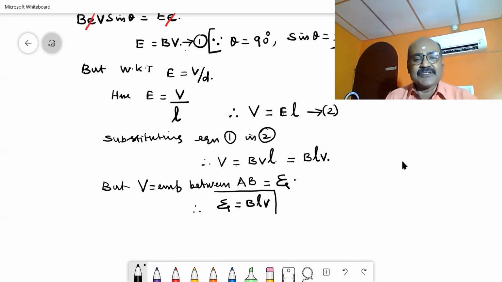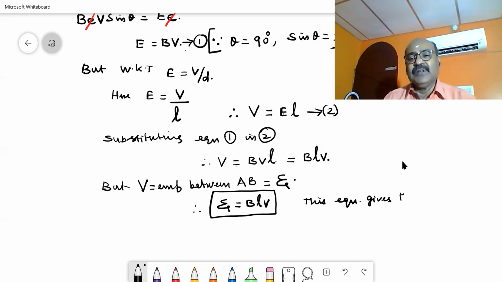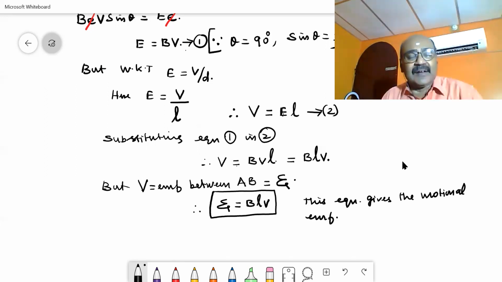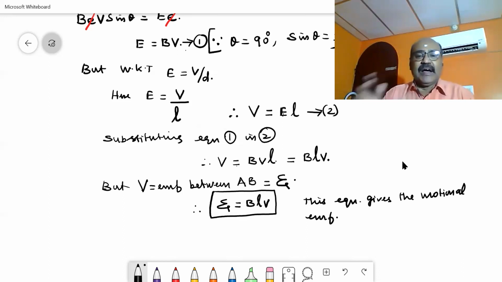So this expression gives the motional EMF. It is the EMF developed between the two ends of the conductor when the conductor is moved inside the magnetic field towards the right, perpendicular to the magnetic field.